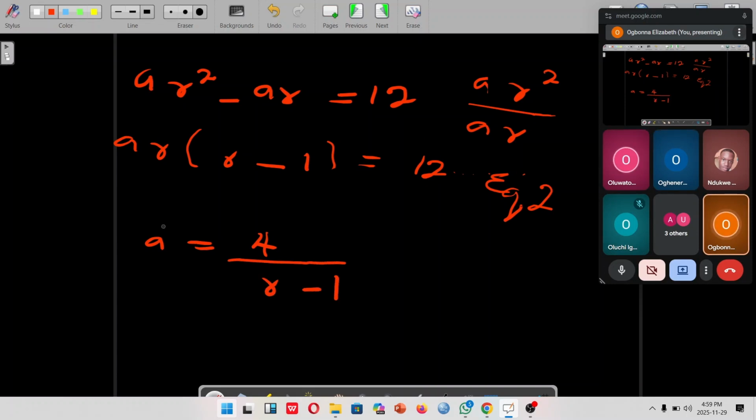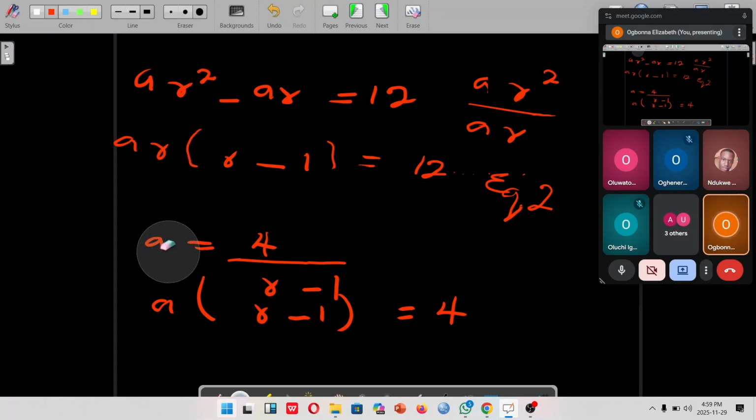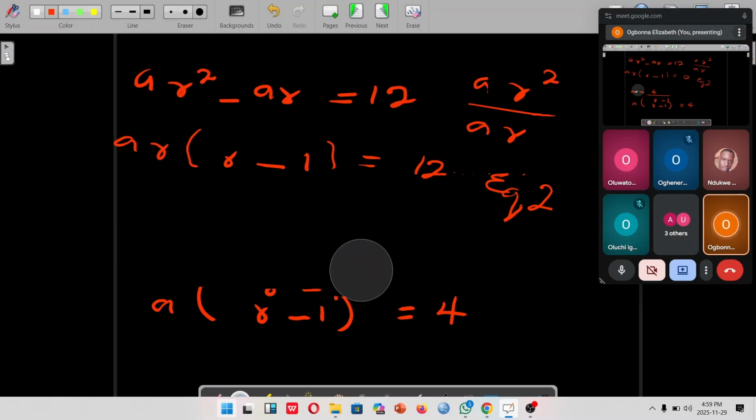But before that, we have something like A into bracket R minus 1 equals 4. This will be easy to work with. Is that clear? If you divide it, it will be complex somehow for you. But let's work with this one so that we don't waste so much time and you will understand it easier.